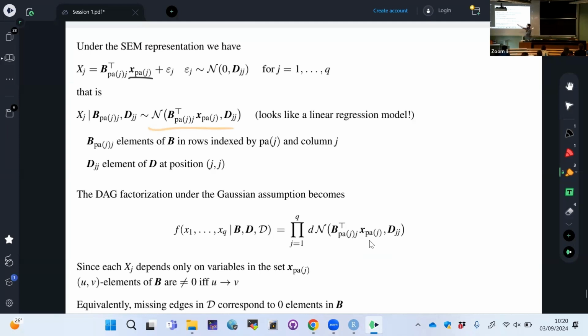So the joint distribution of x1, ..., xq, given the parameters, which are now B and D and not omega anymore, can be written as a product from j=1 to q of q normal densities, where dn stands for the PDF of a univariate normal, where the mean is b prime elements parents j times x parents j, and the variance is instead djj.